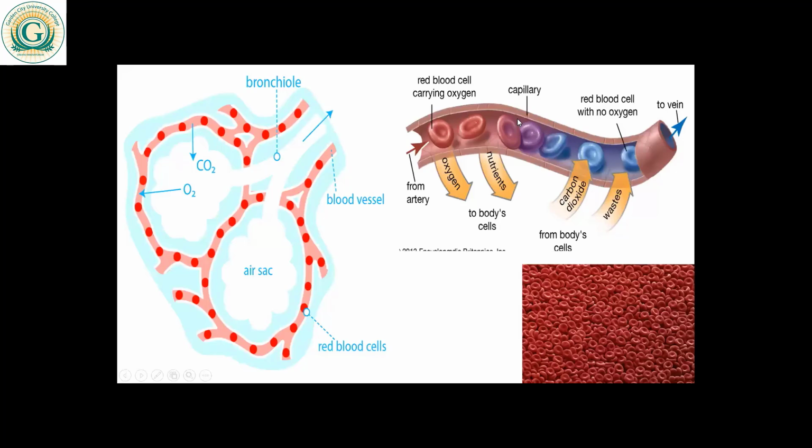Then, as transport is done, there is diffusion of carbon dioxide and waste into the blood at the venous level, getting to the vein. So at the capillary level, we have the arterial end and then the venous end, and between these ends we have exchange of nutrients, oxygen, and other components.